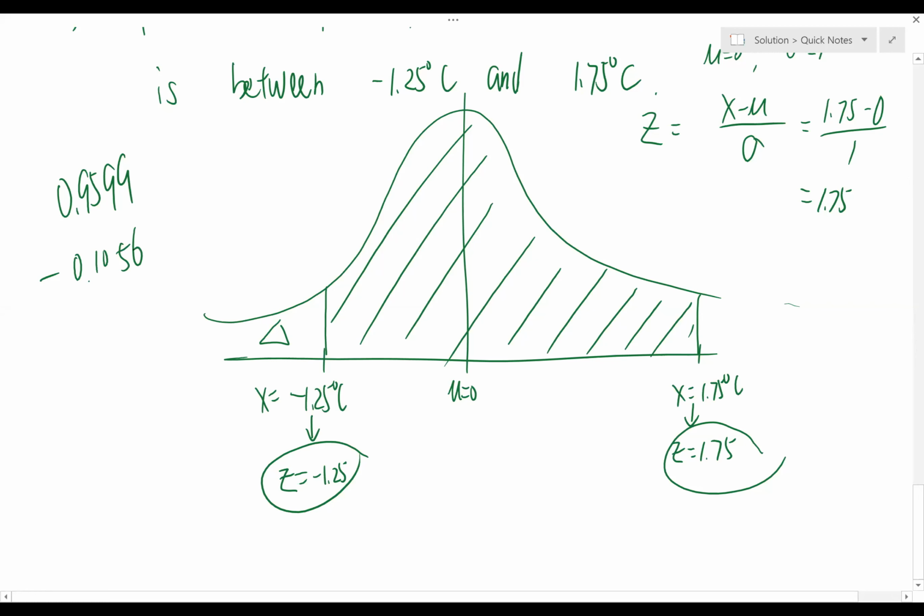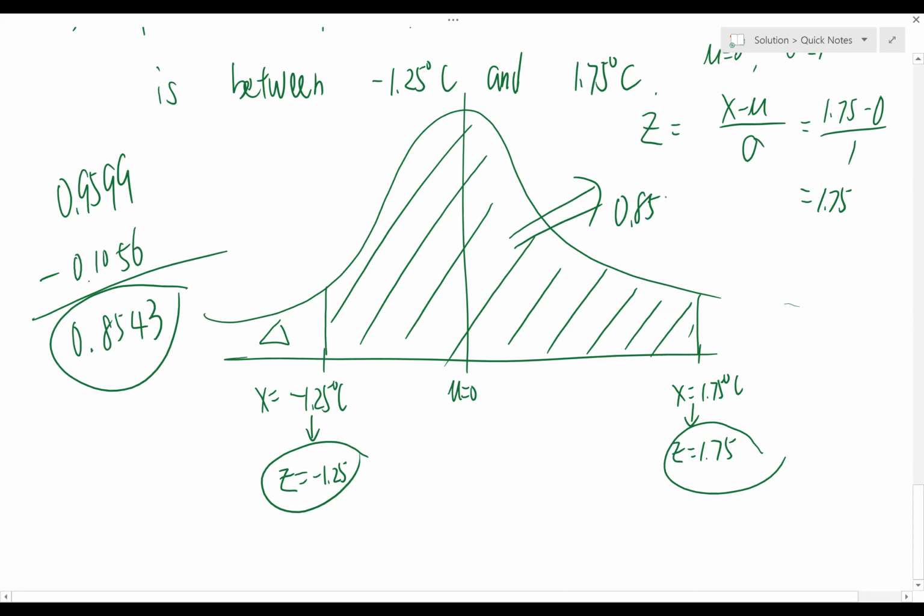And then if you want the area in between, you find the difference between those two areas because the triangle area can offset each other. So you end up with 0.8543. That means the designated area in between those two is 0.8543.